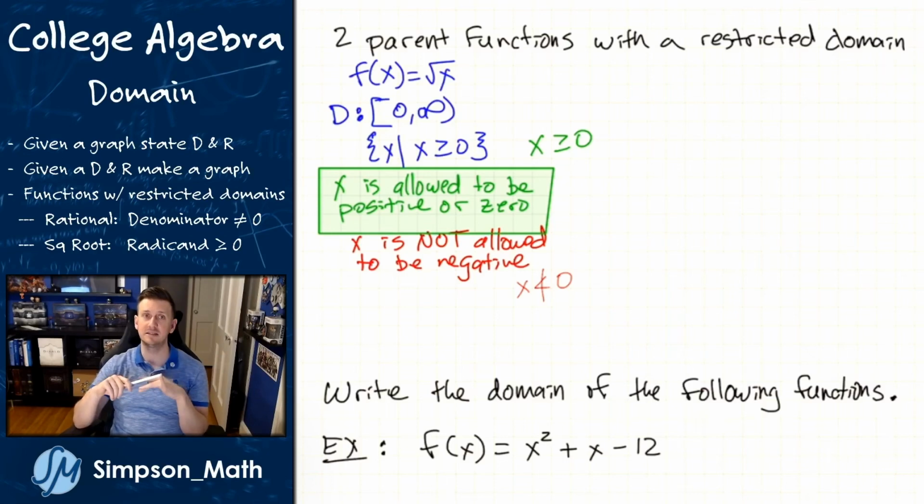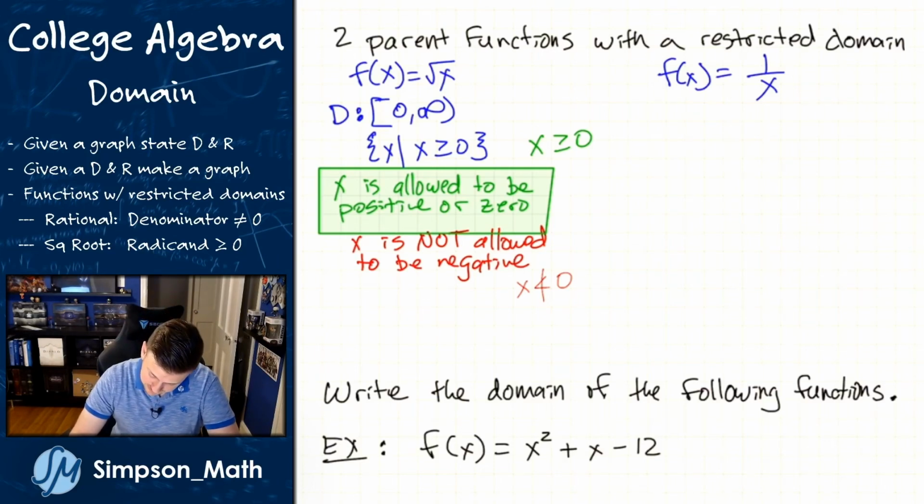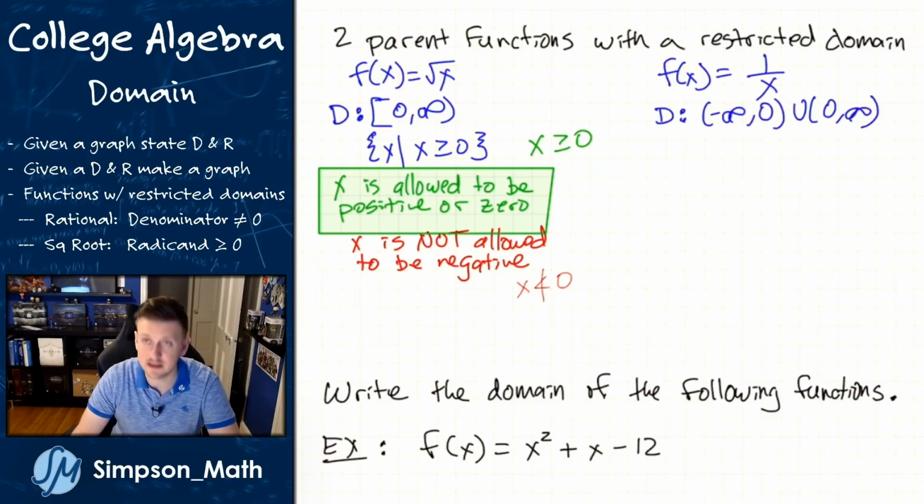Then our seventh parent function that we've talked about so far is the rational parent function. That's 1 over x. And we remind ourselves that in that case, x cannot be 0. The denominator cannot be 0. So if I have a function f of x, and it's the rational function 1 over x, the domain in terms of inequalities would be negative infinity to 0, union 0 to infinity, with parentheses around both of those zeros, because we're not touching 0.